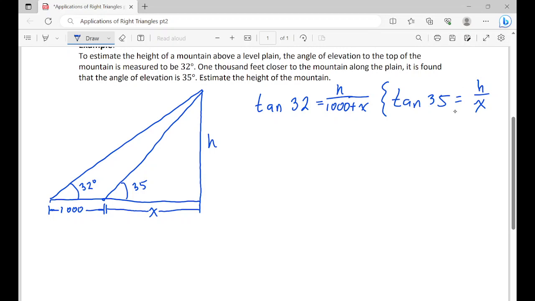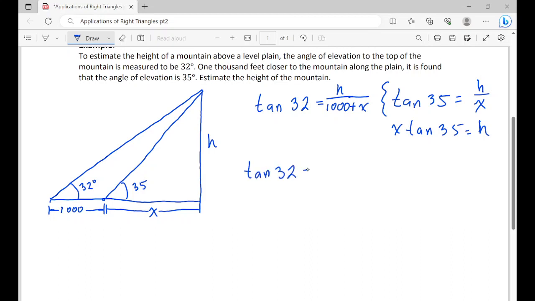And with this, I can actually solve for h by multiplying the x over. So I'm going to get x tangent 35 equals h. Now I know what h is. I can plug it into my first equation, and then I would only have one unknown to solve for.